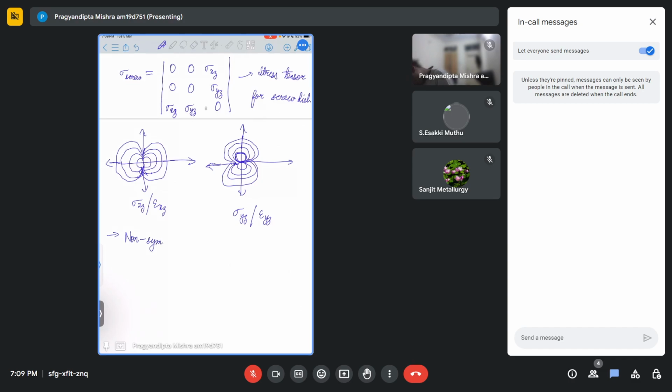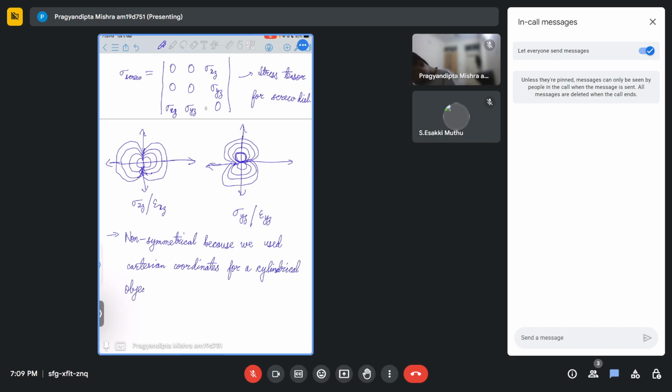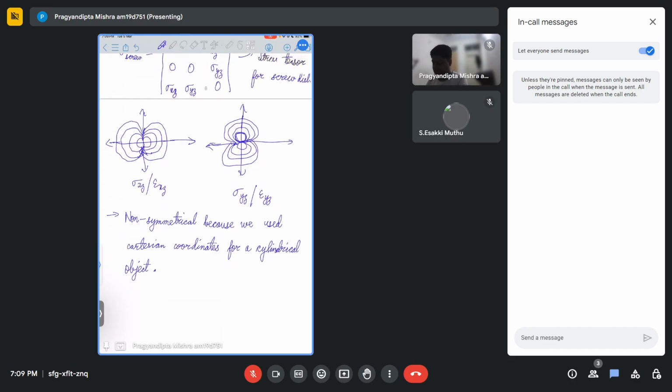Non-symmetrical because we used Cartesian coordinates for a cylindrical object. That's why it looks as though it is not symmetrical.